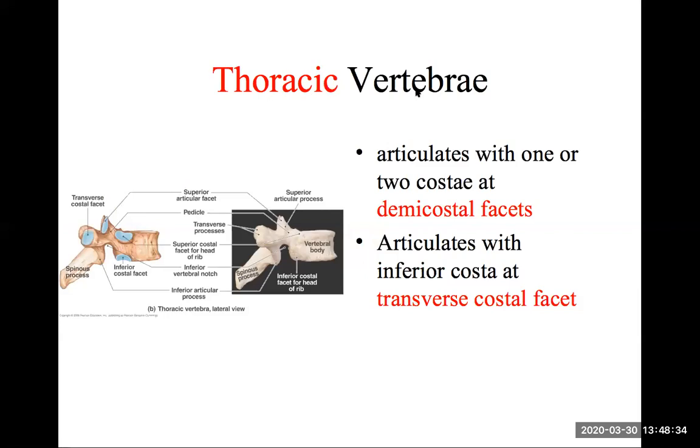Moving down to the thoracic vertebrae, they have some extra complexity because these vertebrae articulate with the costa, or ribs. Okay, so notice these extra articular surfaces. First we have a demicostal facet that is superior and a demicostal facet that is inferior.